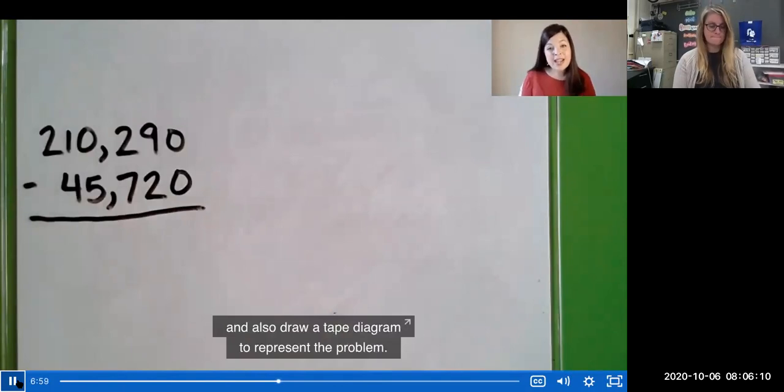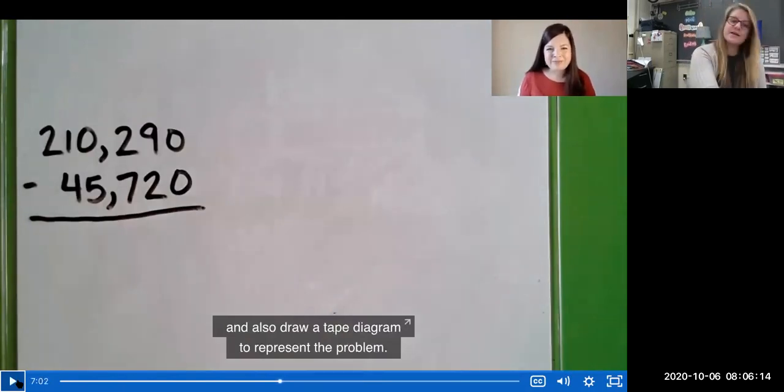And also draw a tape diagram to represent the problem. So go ahead and set up your problem on your whiteboard and draw a tape diagram for your problem so that you are ready to go. See if you can get your tape diagram pretty close to the way that she might do it, representing it accurately using estimation.